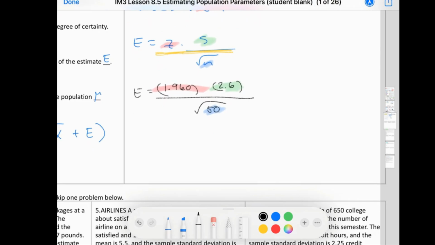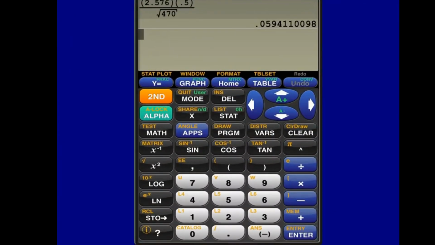Okay, so let's go ahead and put that into our calculators. Let's just not cheat, but just use our technology. Second enter. And I'm just going to go up here and change the confidence interval z-score, which was 1.960. And then over here, this one was 2.6. Close the parentheses and go downstairs, and then I think the score was 50.